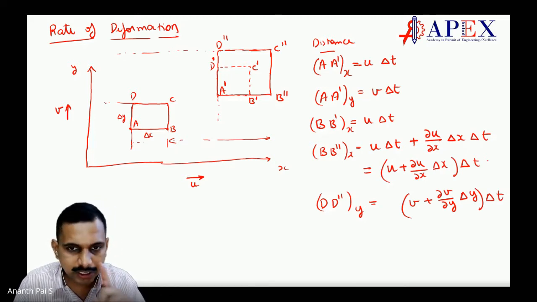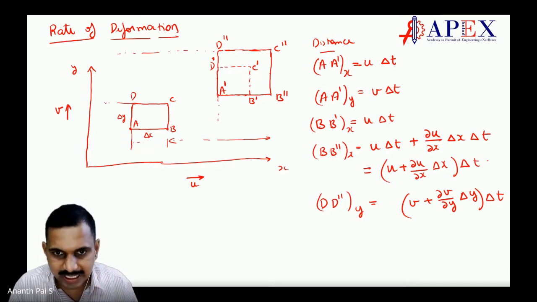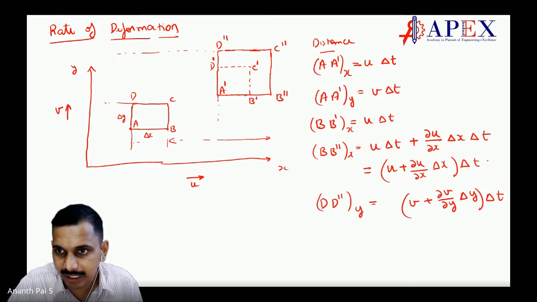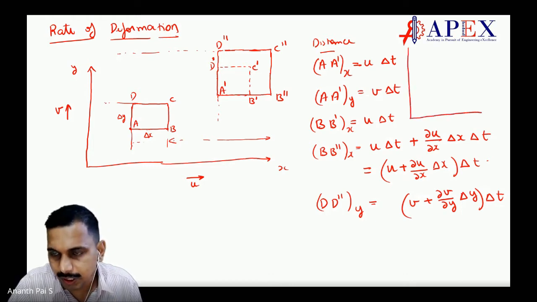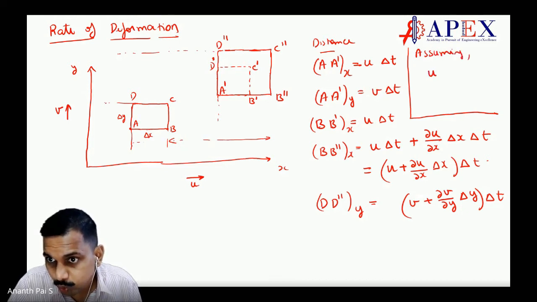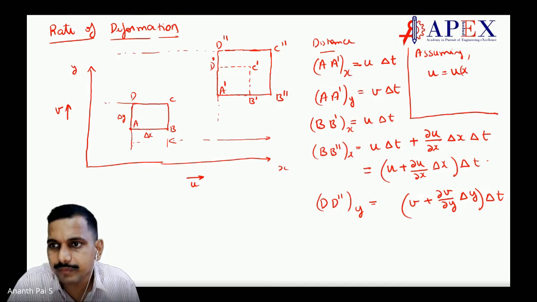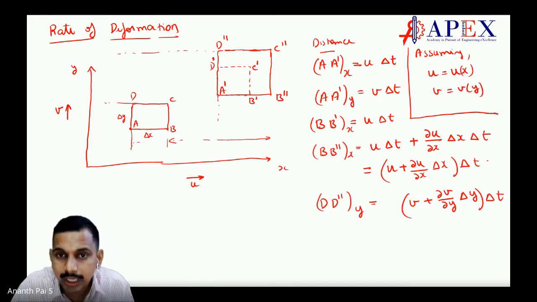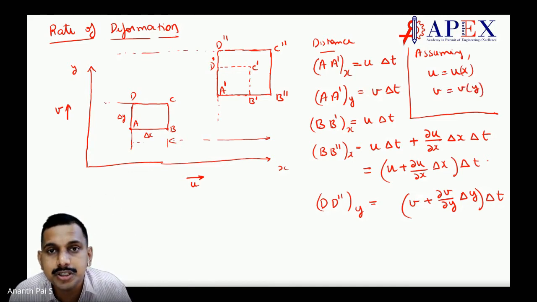And here, in this case, we are assuming, in translation or in rate of deformation, in pure deformation, that u is only a function of x and v is only a function of y. Only then this pure deformation happens. When will only deformation happen? Rectilinear deformation, you can call it.